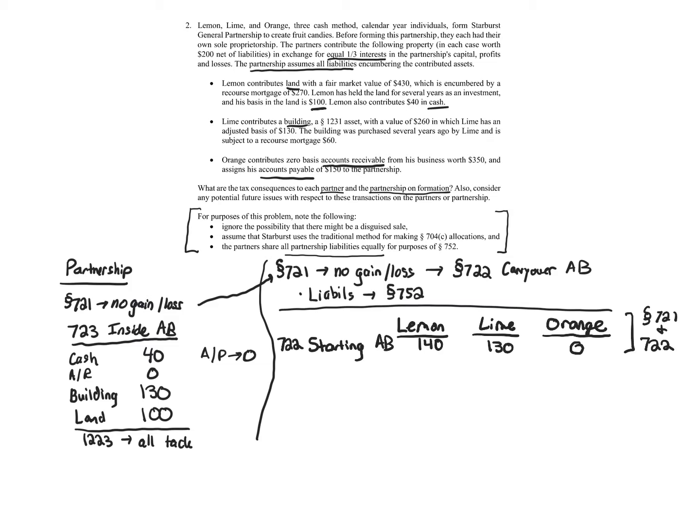I create this chart. What this chart does is it tracks our basis going forward as you take into account all the liabilities that are relieved and taken on. Now, at the end, if you have a negative basis, you can't have negative basis. It's like Bigfoot. It doesn't exist. Okay? If you do, you have to record capital gain, in general capital gain.